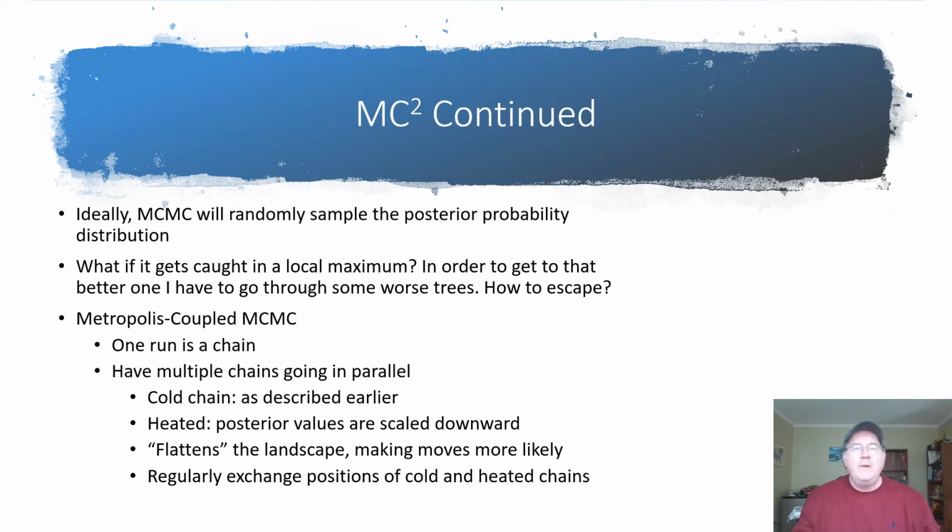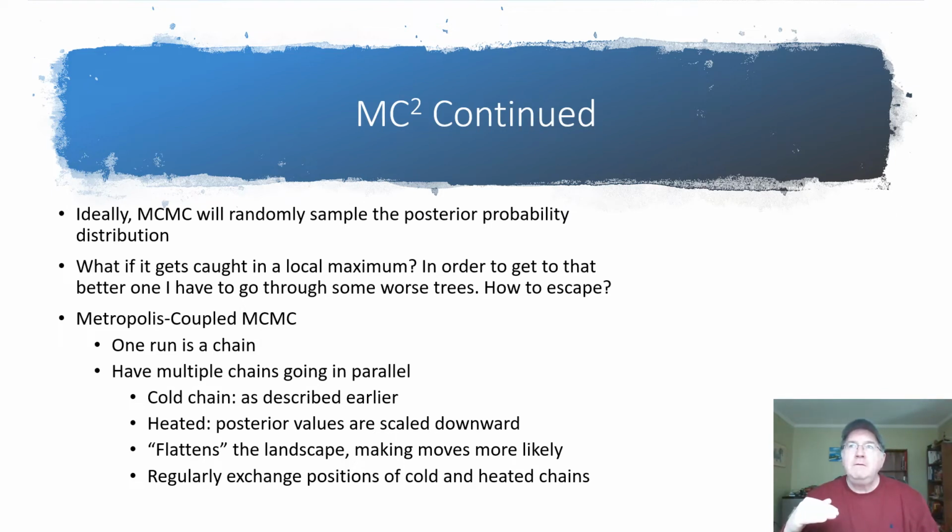So the way that the algorithms do this is to take our MCMC, our Markov chain Monte Carlo simulation, and add another MC. So now we become a metropolis coupled Markov chain Monte Carlo, or some people call it MC cubed.